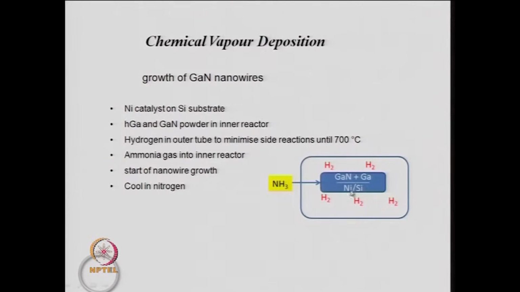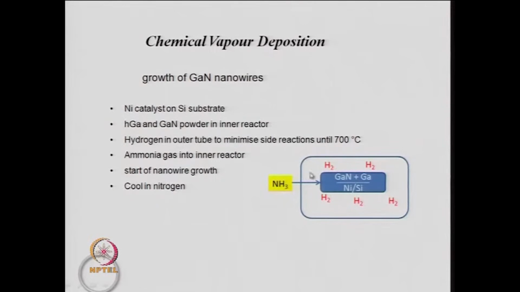So, you have the nickel catalyst on the silicon substrate and the gallium nitride mixture on top of that, and this is in a tube. Around that there is a space in which you have hydrogen gas. That hydrogen gas keeps the chamber under reducing conditions, and then you have a furnace around this which you heat at around 700 degree centigrade, and if you do not have the hydrogen, this will get oxidized.